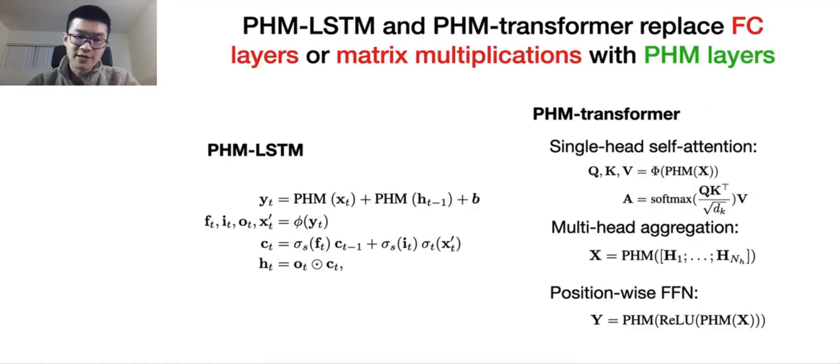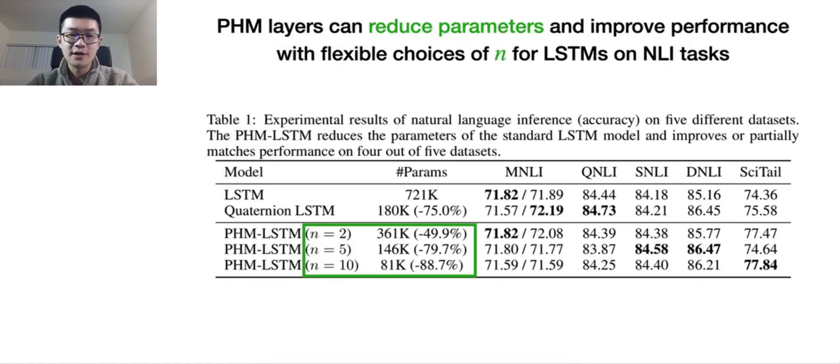To demonstrate the effectiveness of the PHM layers, we equip the existing LSTM model and the transformer model by replacing the FC layers or the matrix multiplications with the PHM layers, while keeping the rest unchanged. So we end up with the PHM-LSTM and PHM-transformer models. Okay, so here are the experiments. First, on the natural language inference tasks, we can see that the PHM layers can reduce the parameters and improve the performance with flexible choices of the hyperparameter n.